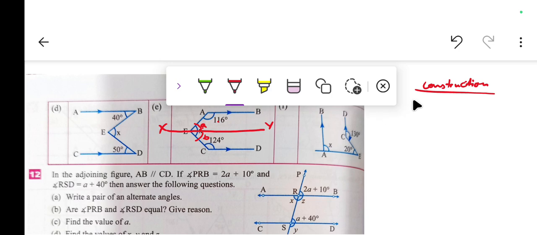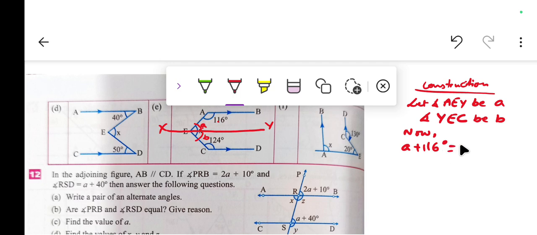Then you will let angle AEY be A and angle YEC be B. So A and B I have let. Now A plus 116 degree is equal to 180, being co-interior angles.